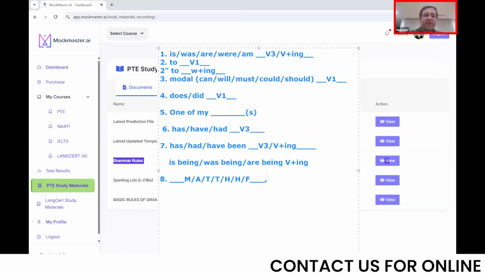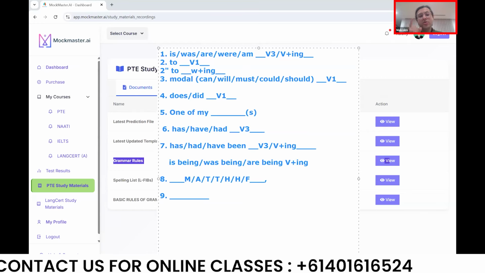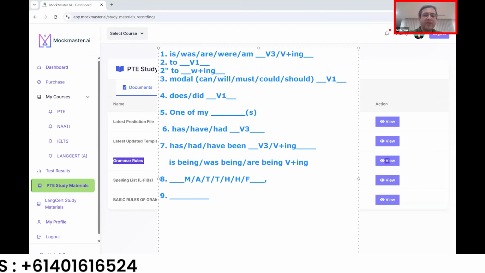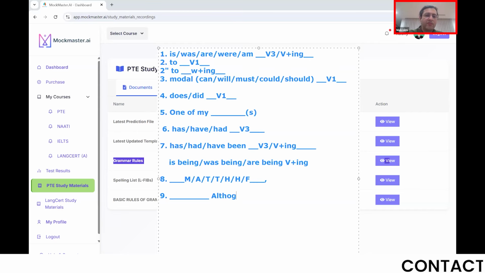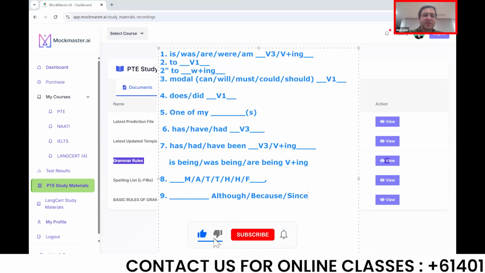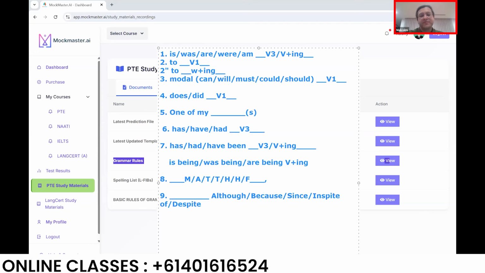The next rule is if the first word is a blank and there is no comma after the blank, then it will be a word, mostly an adverb, like although, because, since, in spite of, despite.